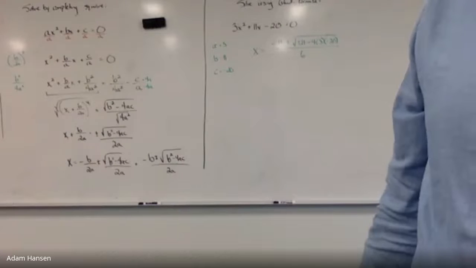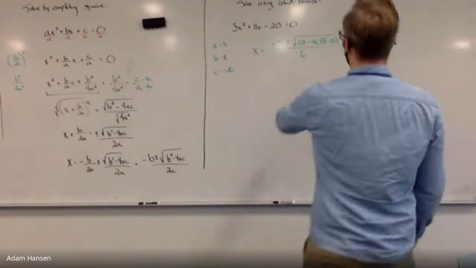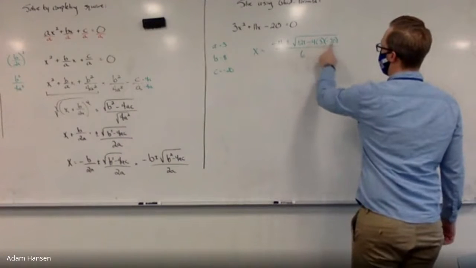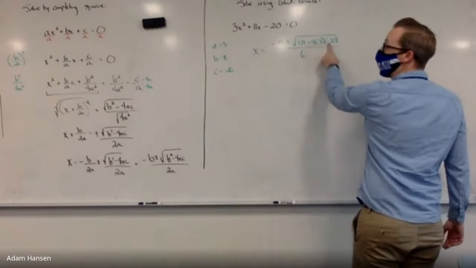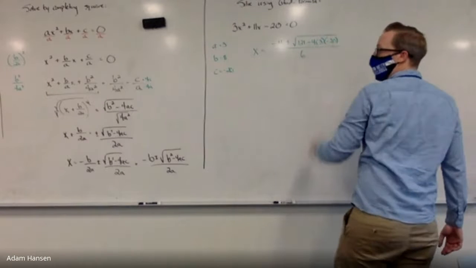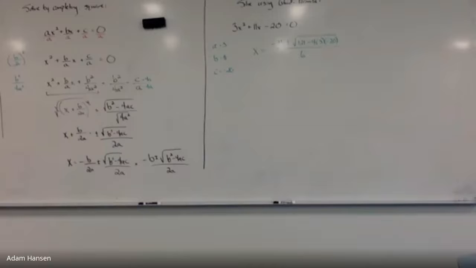Did you do 121 minus 4 times 3 times negative 20? This has to be the minus key, Allie. This has to be the negative key to calculate. So make sure you're using the right keys. Don't use the square root, just type everything that's underneath. See what you get.